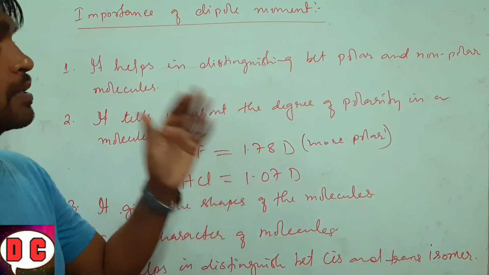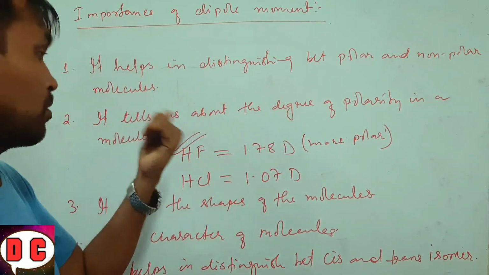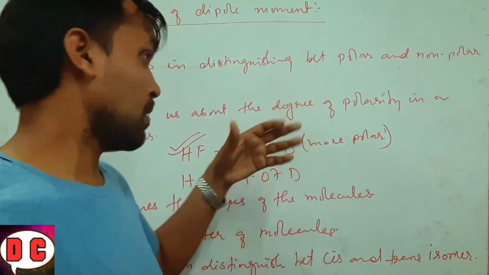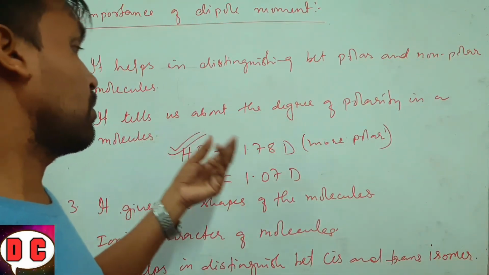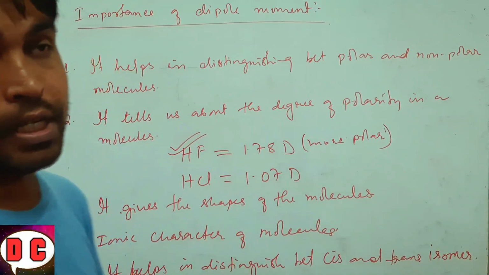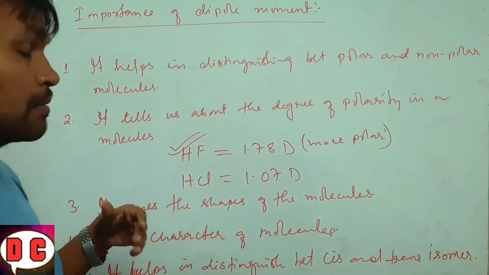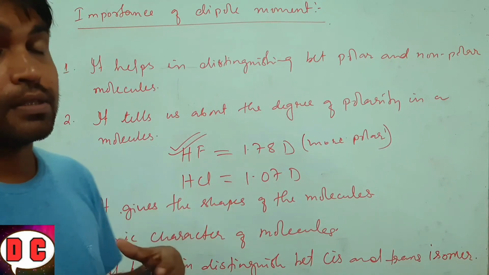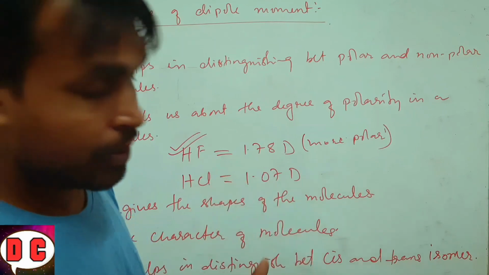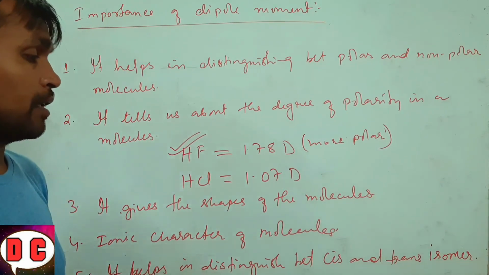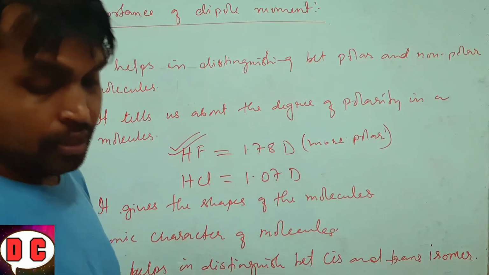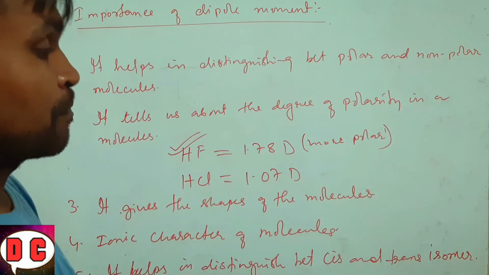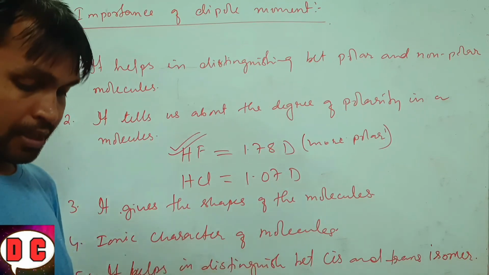It helps us in distinguishing whether a substance is polar or non-polar. Next, it tells us the degree of polarity. If the value of dipole moment is high, the degree of polarity is high. It helps us in telling the shape of the molecules, and the ionic character of the particular molecule. Finally, it helps us in distinguishing between the cis and trans types of molecules.